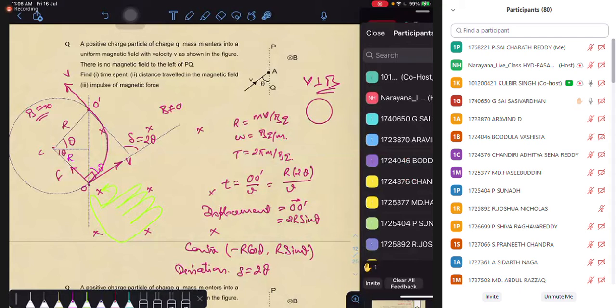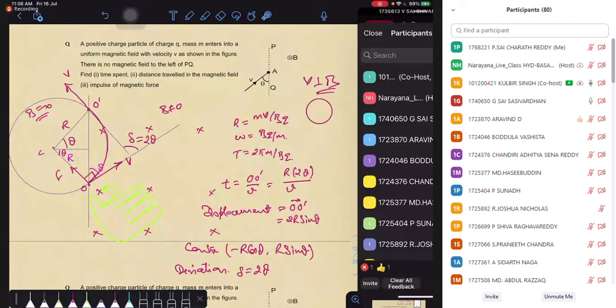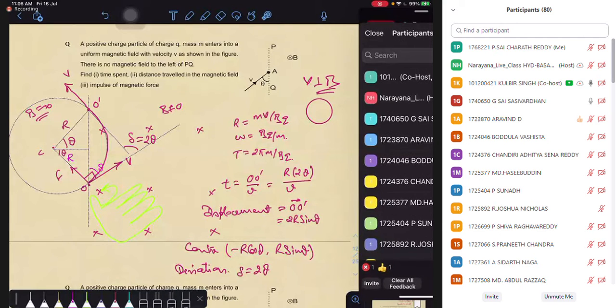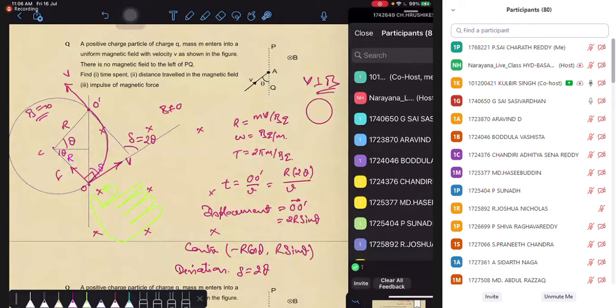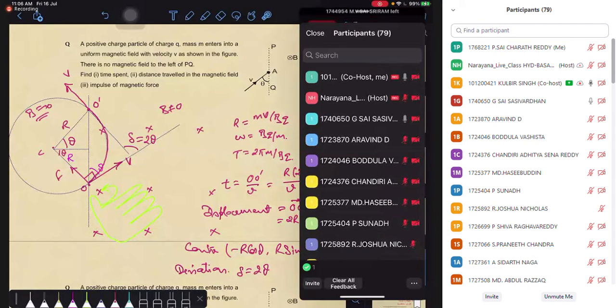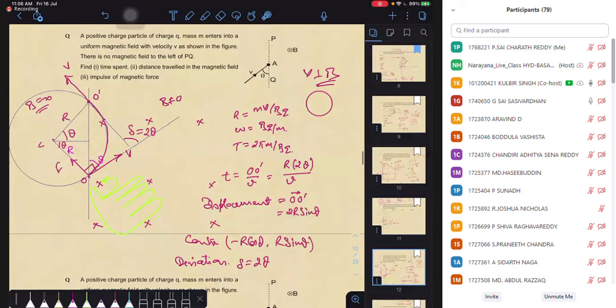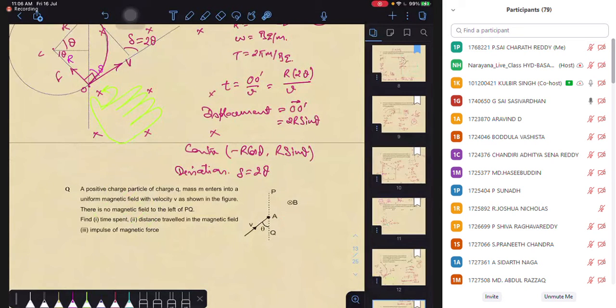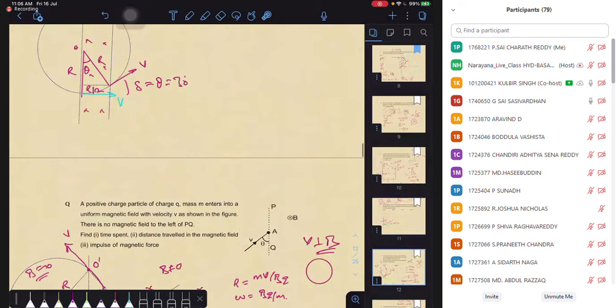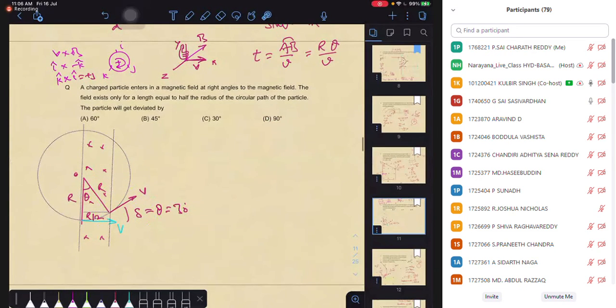This is one of the very foundation problems, and so many questions are linked with these problems, so it should be very thoroughly clear. If you understand these problems, you can understand this chapter easily.